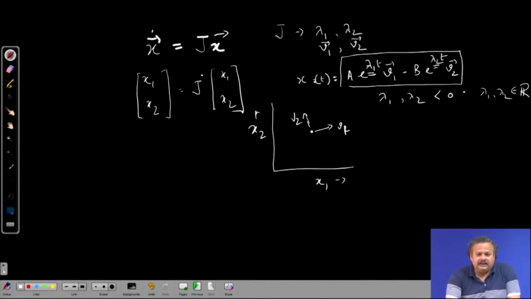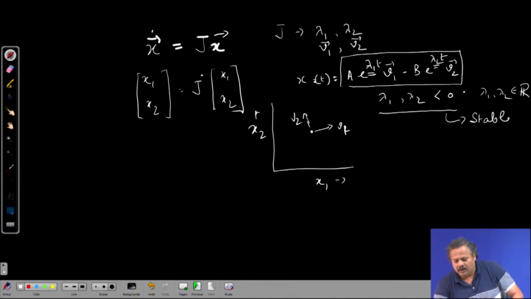Then if the system is around the equilibrium point, because lambda 1 and lambda 2 are negative, over time e to the power lambda 1 t and also e to the power lambda 2 t are going to go to 0, which means that both along v 1 and v 2 it will finally die down into the equilibrium point. So, when lambda 1 and lambda 2 are less than 0, this would be a stable equilibrium point.